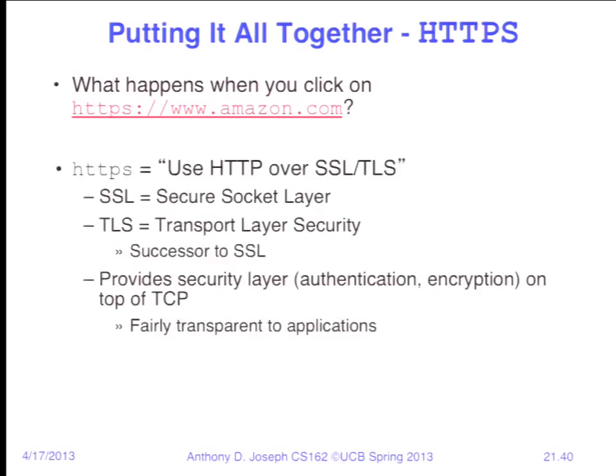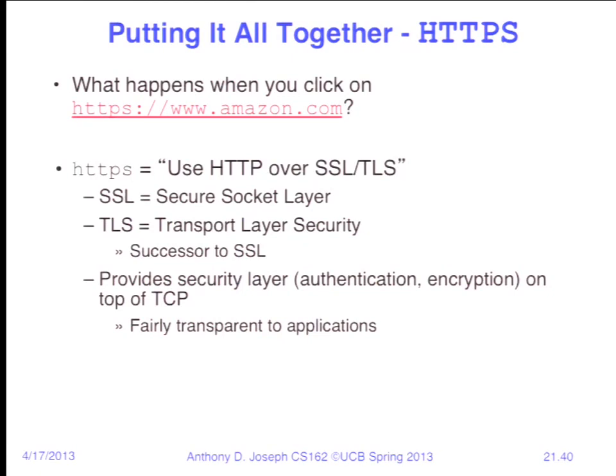That means use the hypertext transport protocol over the secure socket layer or transport layer security. TLS is the successor to SSL. This provides us with a security layer that gives us authentication and encryption on top of TCP, which we looked at earlier in the semester, completely transparent to the application. You can actually use SSL or TLS with lots of applications without them even having to know. It's just a plug-in library that you use.